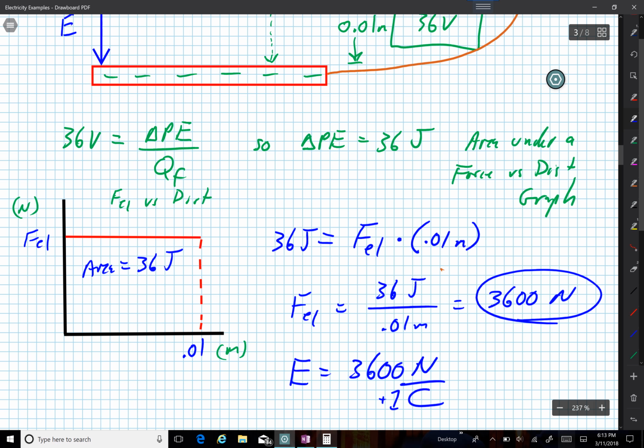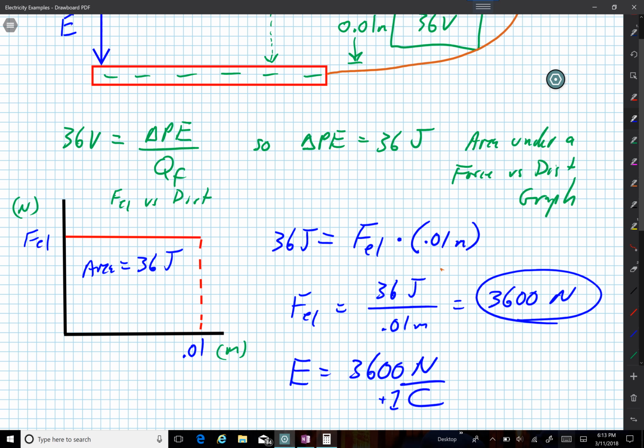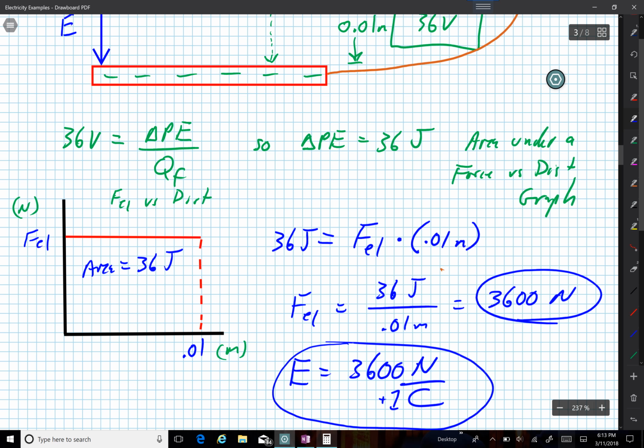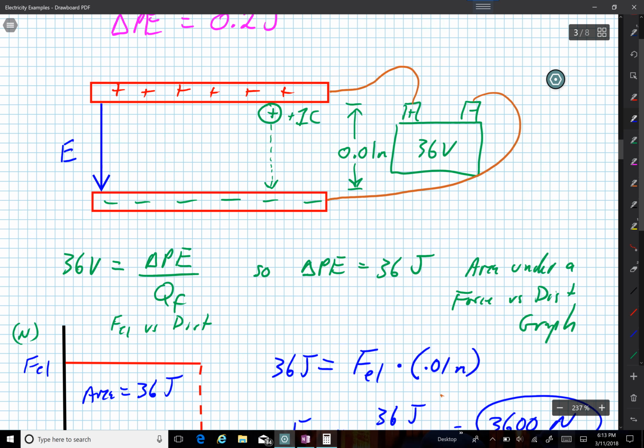Now remember, there's a +1 in front of that C. I had a +1 coulomb charge that I put in here, imagining it to be there. And I solved the problem with that as my field charge because that's the simplest thing to do when I'm working with normalized equations, normalized concepts and ideas. And so I know the electric field is 3,600 newtons per coulomb. Okay, so there's the electric field between the plates of a capacitor.